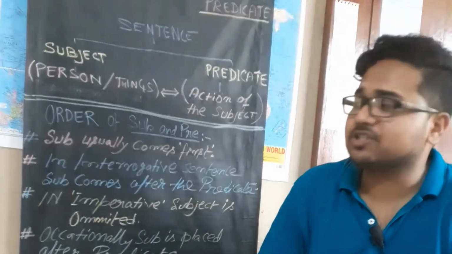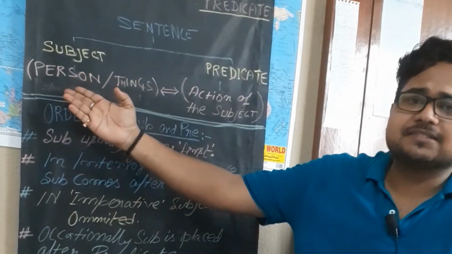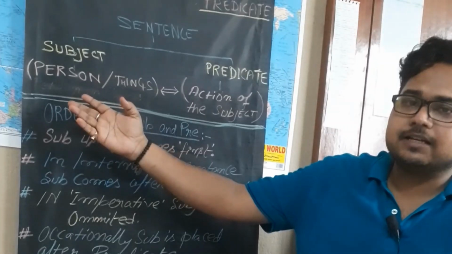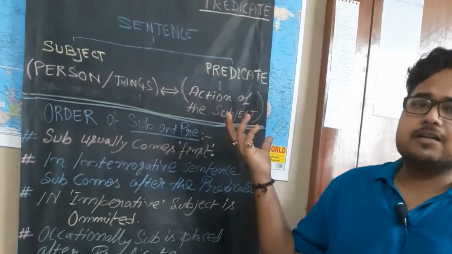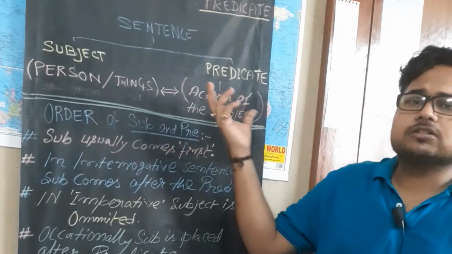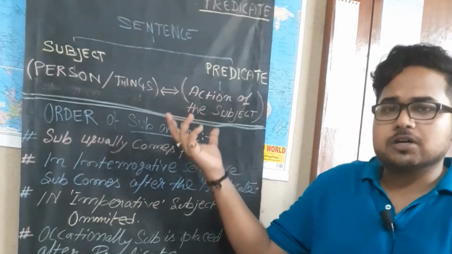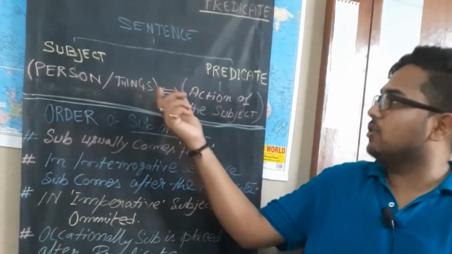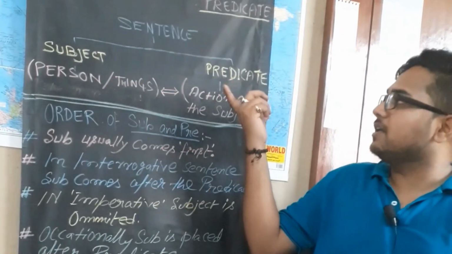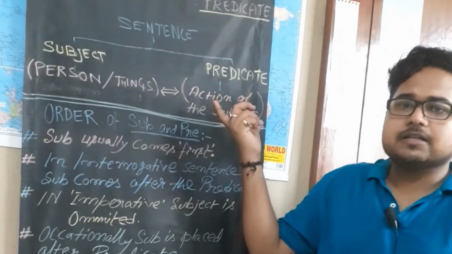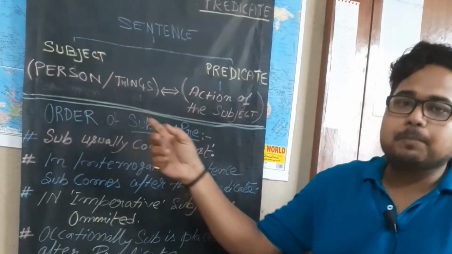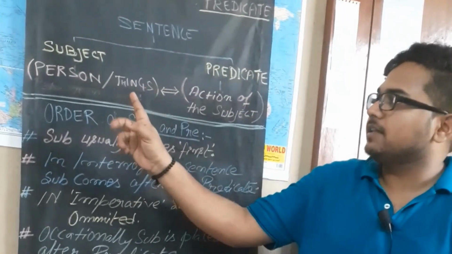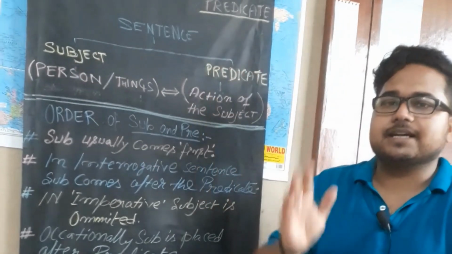Now what is the subject? The subject is the person or thing the sentence is saying about. The rest means the action or the work of the person or thing, the effect of the person or thing, which is given out by this predicate part. So in a complete sentence you will get these two divisions, subject and predicate.